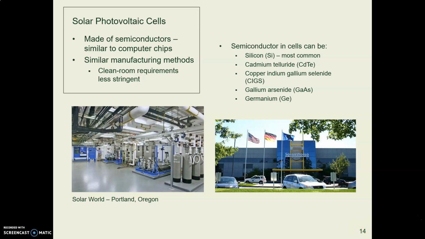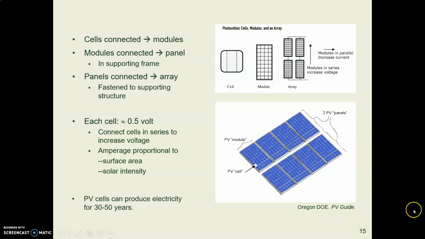It was a solar cell plant up in Portland. So it uses the same process as computer chips. It's just that the clean room, while really clean, is not as clean as computer chips. So for a while we were hoping that vacant computer chip plant in Eugene, Oregon would get bought by a solar panel manufacturer, but I think it did not.